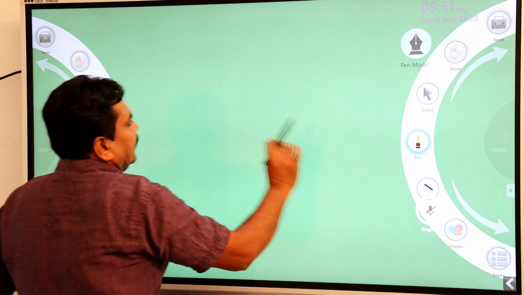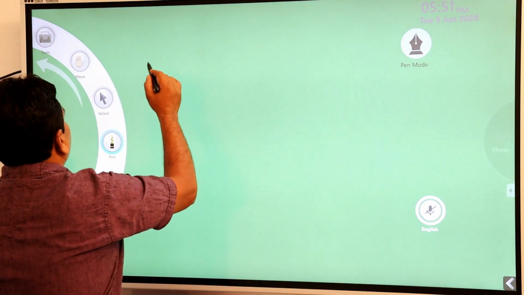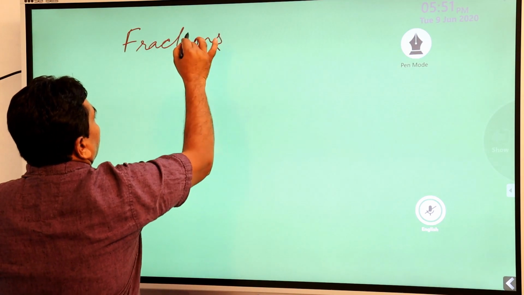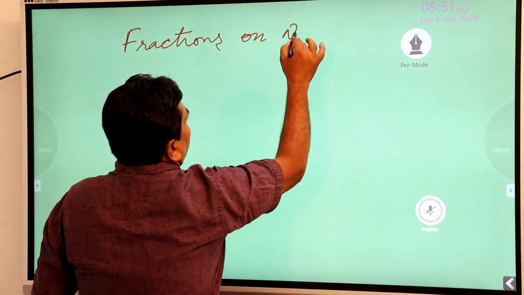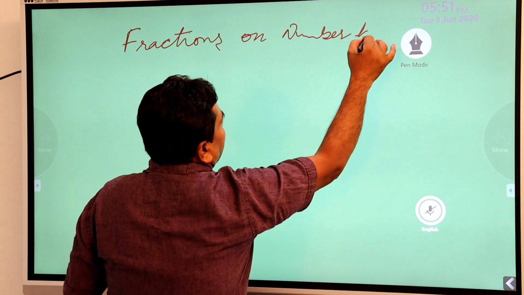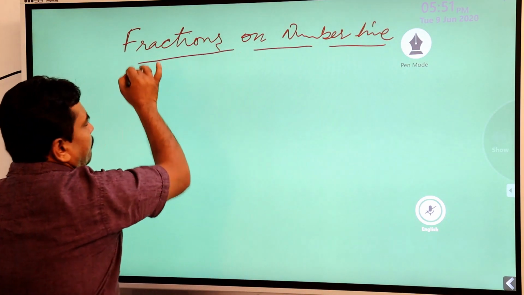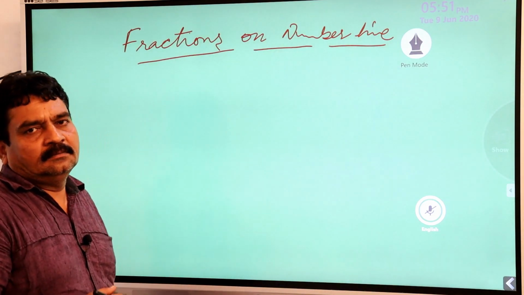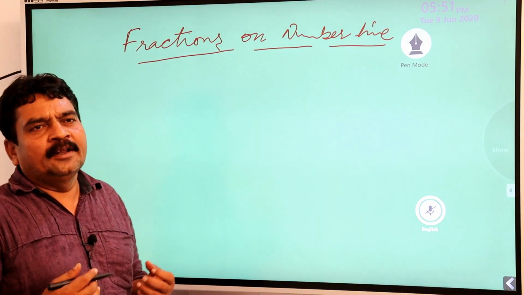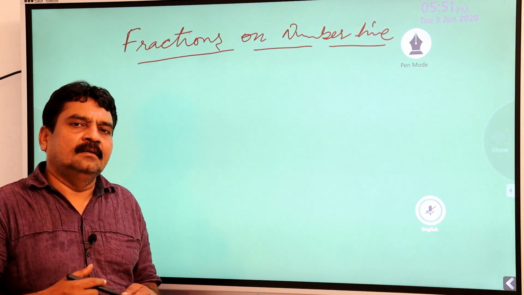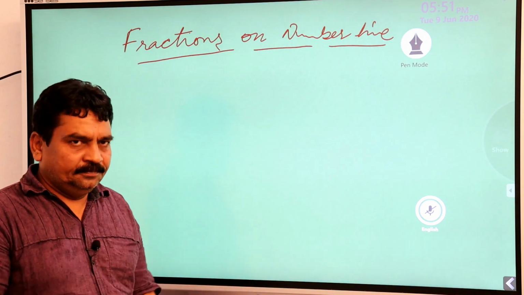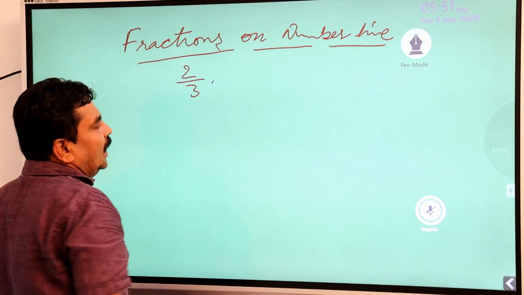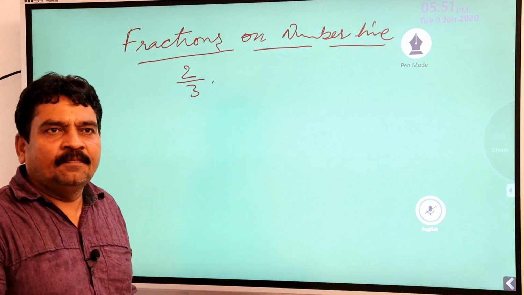Fractions on number line. Suppose a number is given, say 2 by 3, and another number given, say 5 by 3.